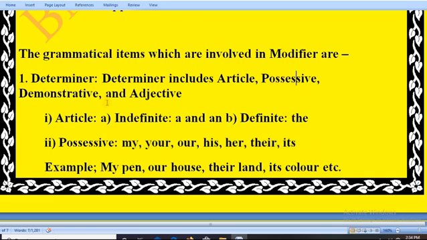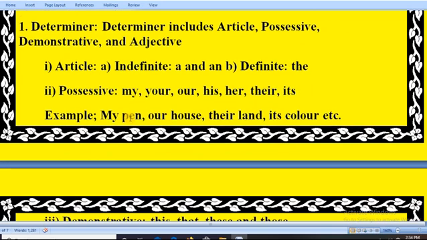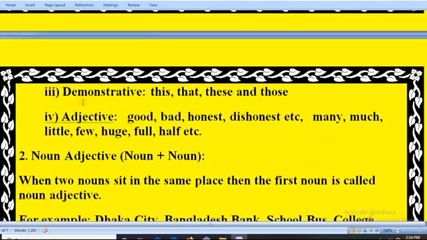Okay, and then demonstrative. What is demonstrative? Look, demonstrative means this, that, these, those. These four words are called demonstratives, to indicate something. If the thing is near and it is singular, then we will use this. And when it is far from me, that will be that. Suppose this is my book, that means the book is near at my hand.